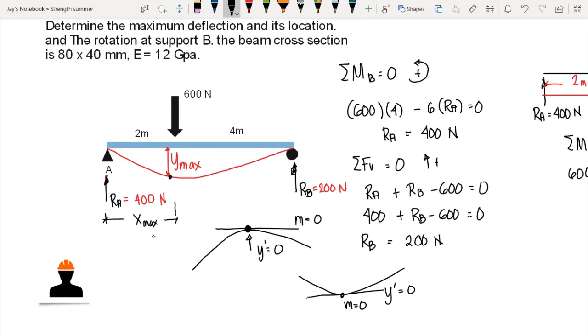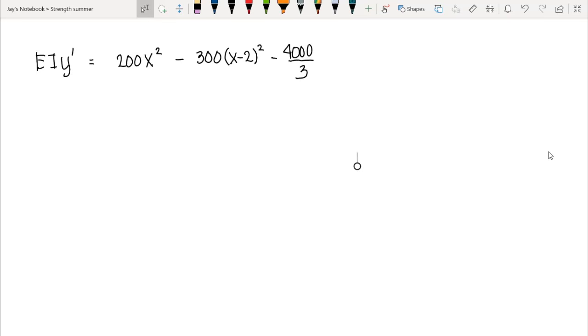That's the concept from your maxima and minima in differential calculus. So therefore, we have to use first the slope equation, and we set our y prime in that equation equal to 0. This is the location of our maximum deflection, that's x max.